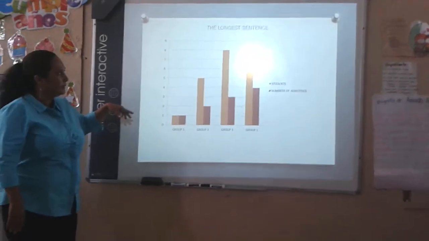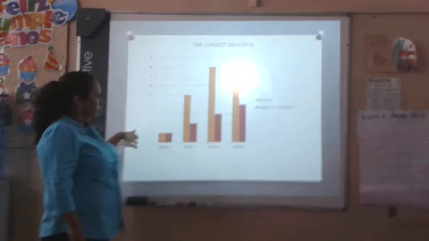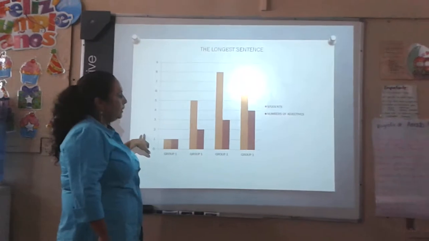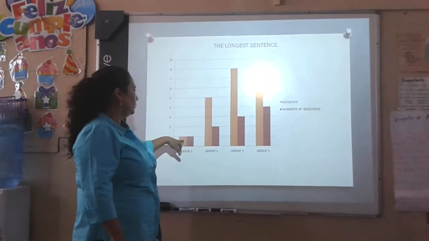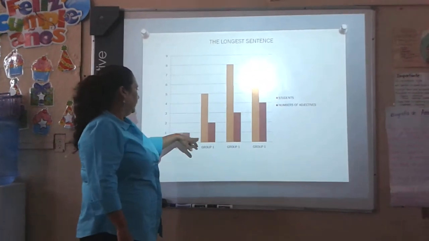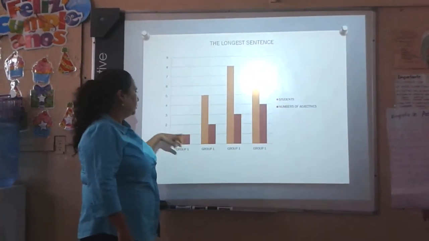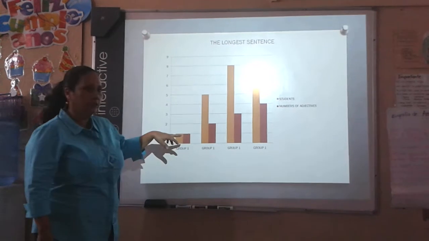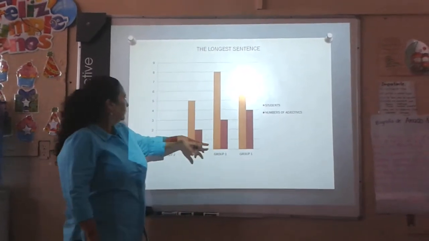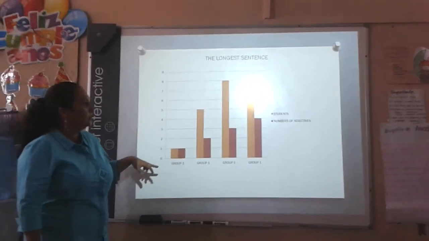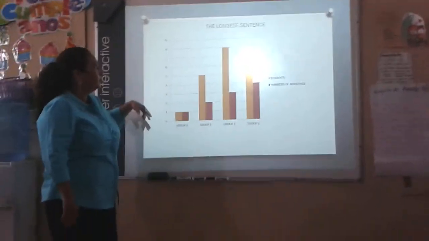About the longest sentences, students did excellent work, and they used different numbers of adjectives. 1 student used only 1, 5 students used 2, 8 students used 3 adjectives, and 6 students used 4 adjectives.